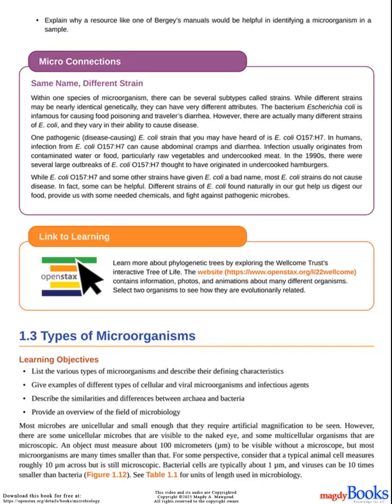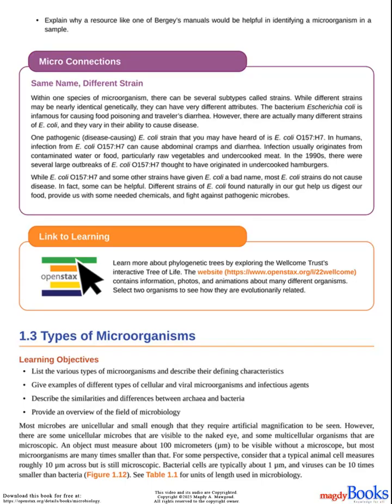Most microbes are unicellular and small enough that they require artificial magnification to be seen. However, there are some unicellular microbes that are visible to the naked eye, and some multicellular organisms that are microscopic. An object must measure about 100 micrometers to be visible without a microscope, but most microorganisms are many times smaller than that.